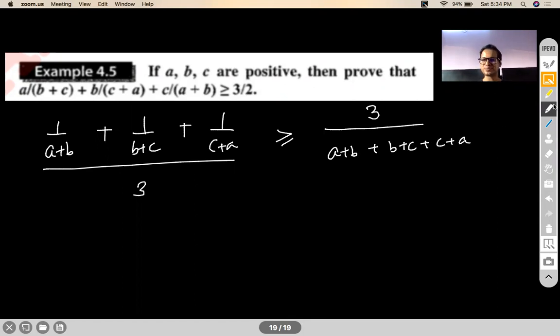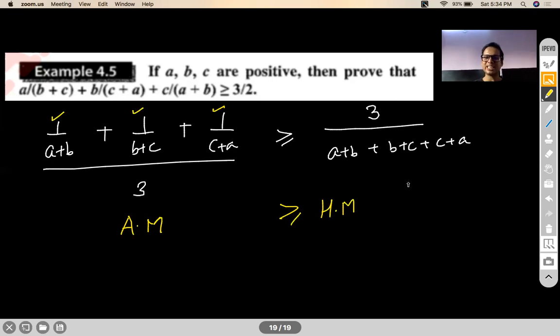Am I right? Is this correct? So this term divided by 3 is nothing but the arithmetic mean. And 3 divided by the reciprocal of these terms. So the reciprocal of 1 by A plus B will be A plus B. So this is your harmonic mean.